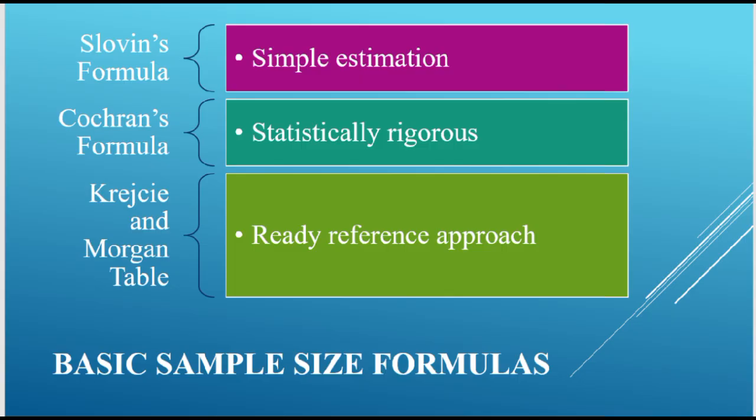The Krejcie and Morgan table provides ready-made sample size for different population sizes, so researchers do not need to perform the calculation manually. Therefore, researchers should not select a formula simply because it is easy. The formula should be selected according to the research design, population characteristics, sampling approach and statistical requirement.